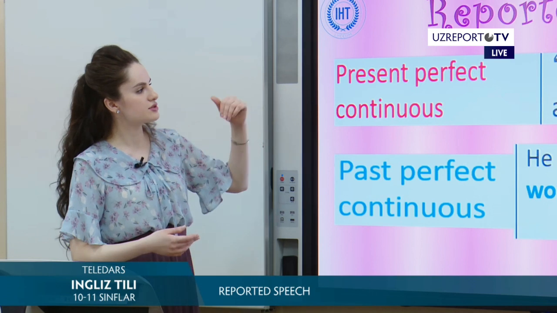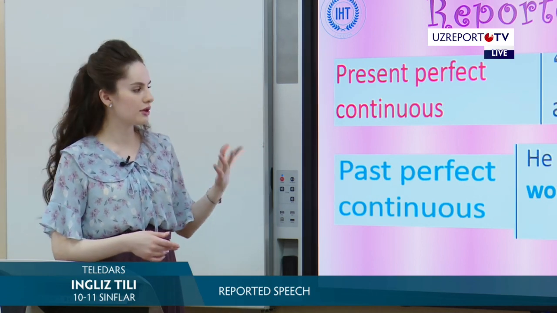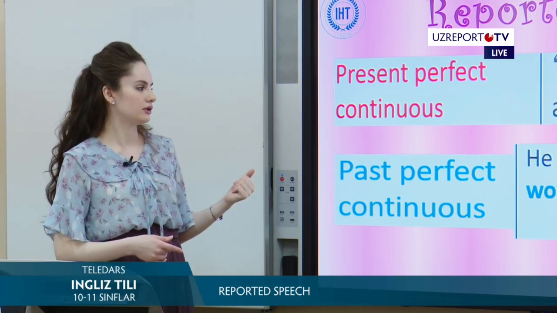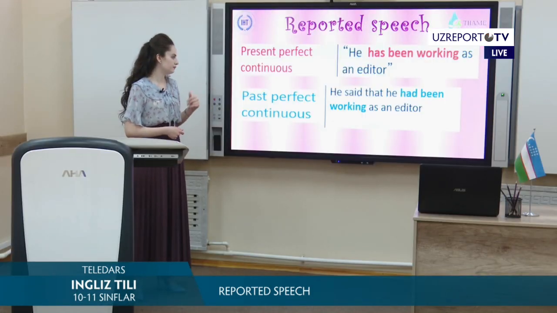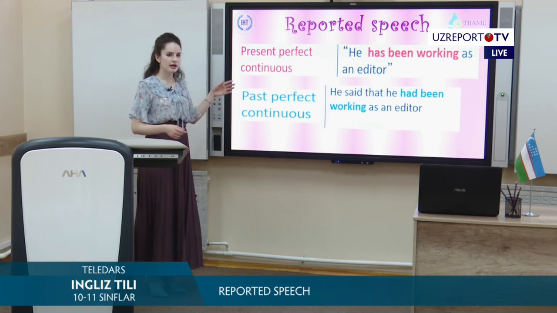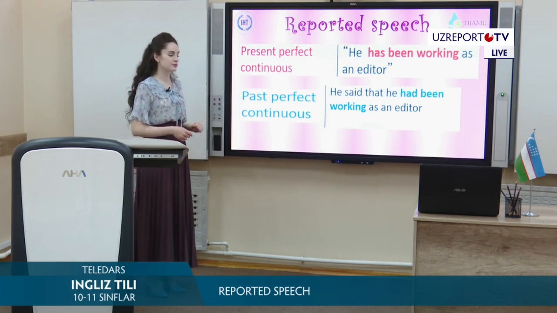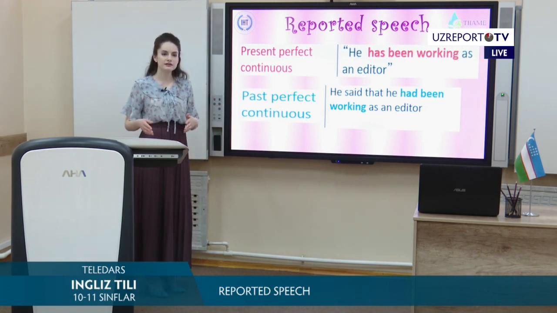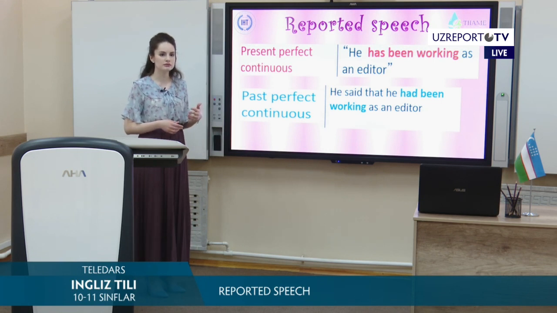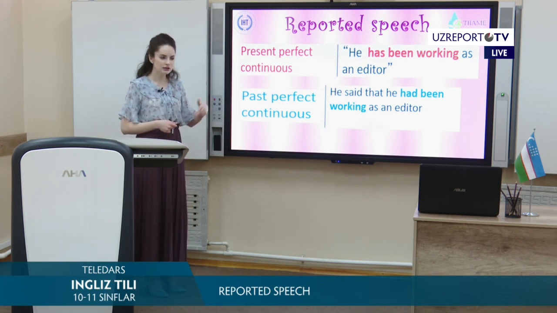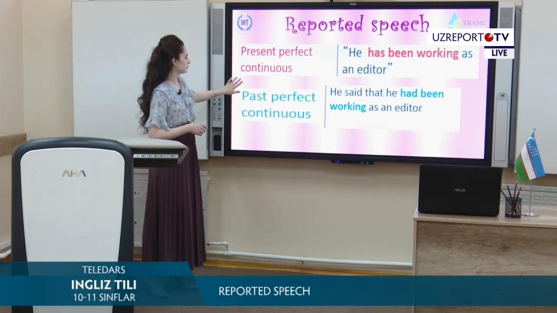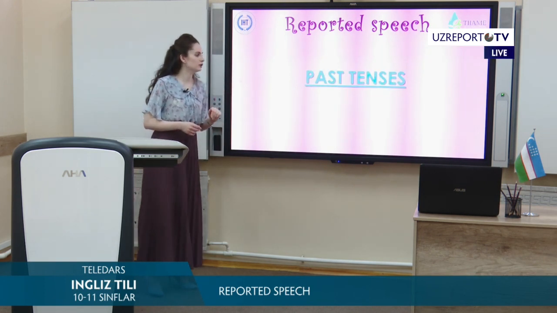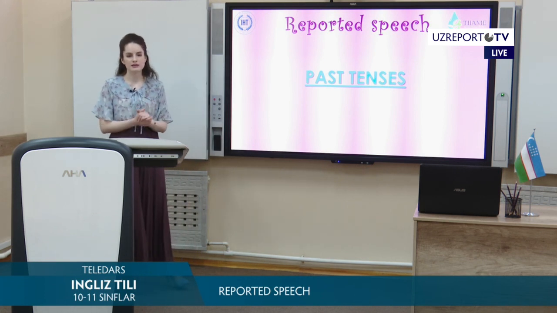So he has been working will be transformed to past form had been working. Auxiliary has we transform to had. It means that some action, I mean this tense, past perfect continuous, was partly finished up to some moment in the past. And it still was continuing. We don't know about result.